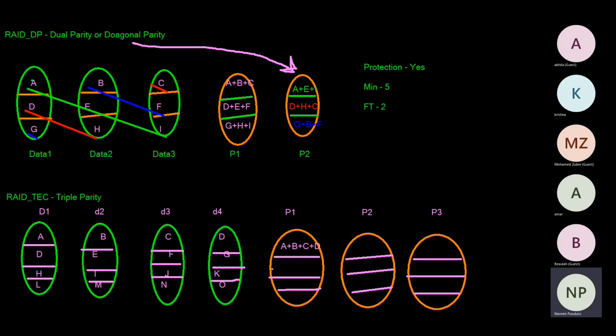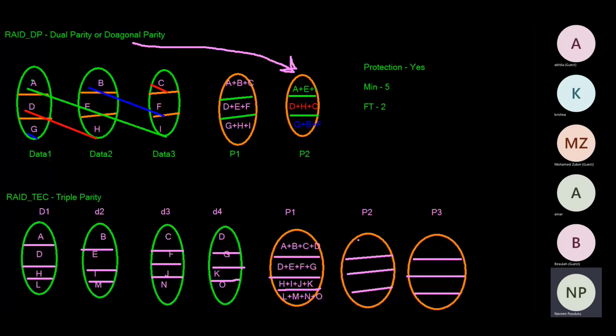And in the first parity, you know already, it will be parallel, like D plus E plus F plus G. And in the third stripe, it will again be a parallel addition of all of them, H plus I plus J plus K. Same thing in the fourth stripe as well, L plus M plus N plus O.